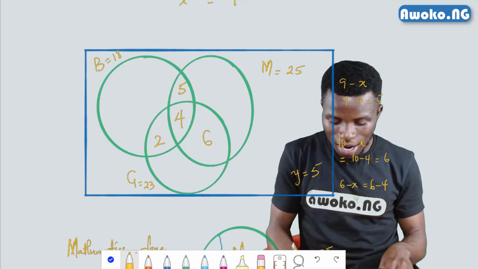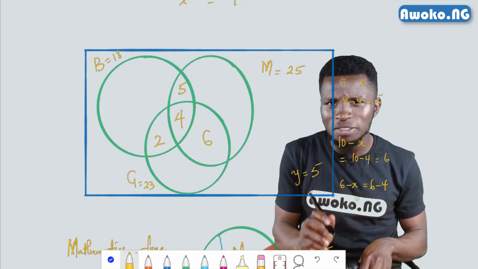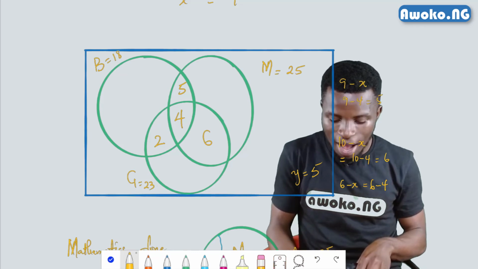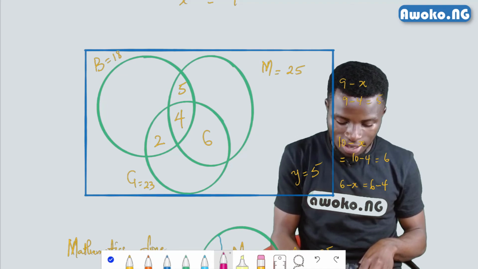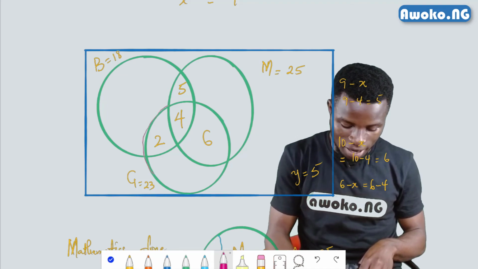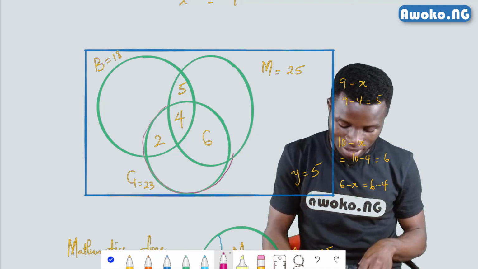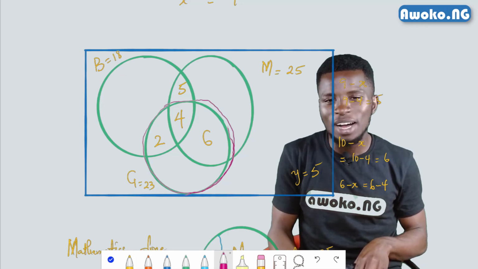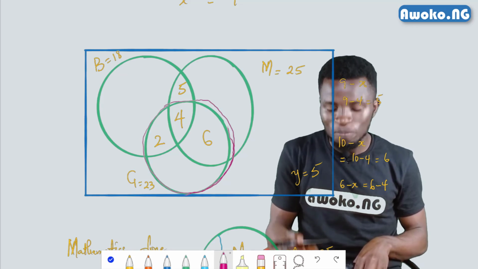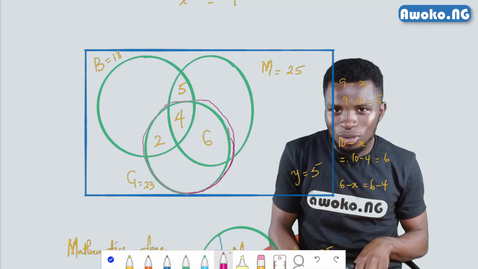So they asked us to find government but not mathematics. That is, everything that concerns government insofar as mathematics is not there. Is that okay? And which area are we talking about? If we look at the Venn diagram very well, government has all these parts. But we need all the parts with government without the mathematics.